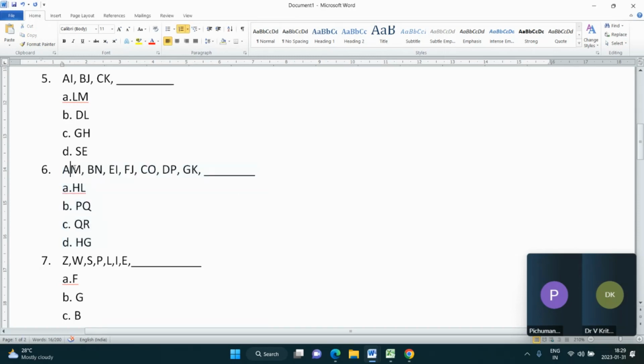You will now try to find out the relation between the first letters, and then you will try to find out the relation between the second letters, and tell me what will come in the next one.